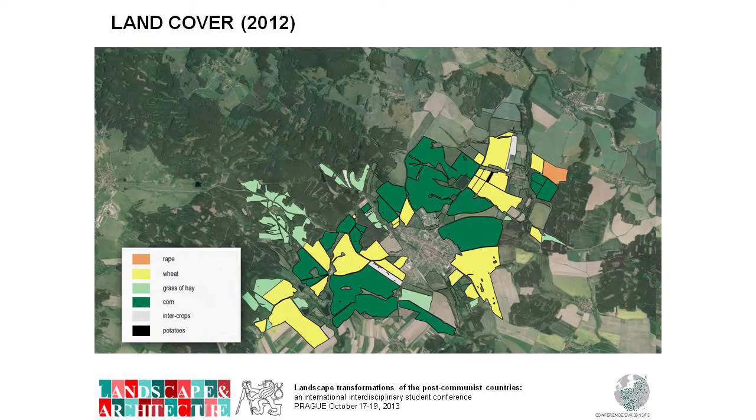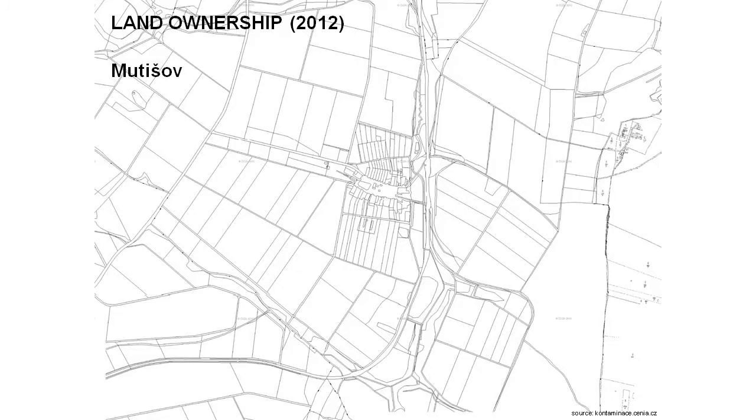So this is the land use and land cover in that area. You can see that most of the arable land is now used for corn and wheat production. What's also interesting is the change in parceling of the land due to the landscape reforms during communism.